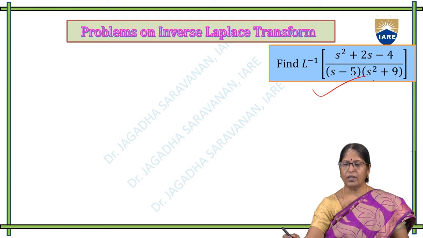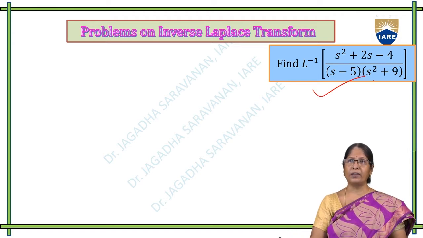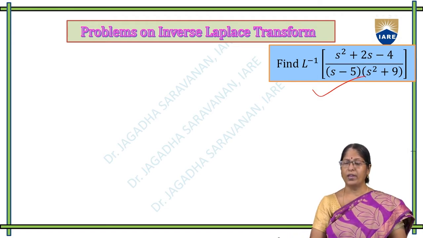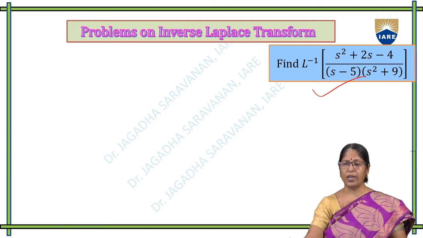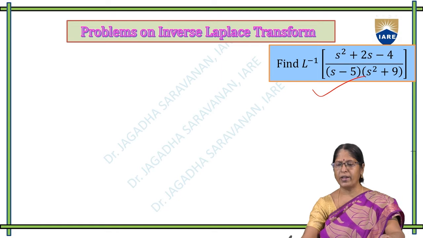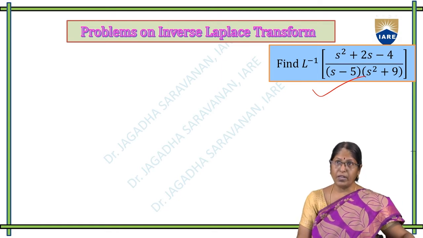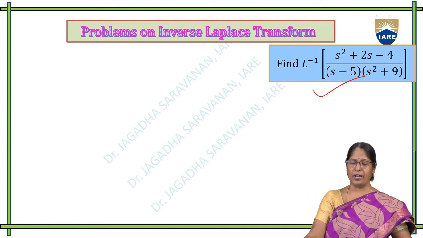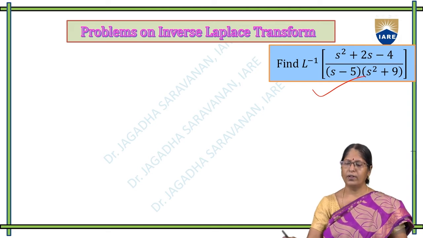So this is the given problem: find L inverse of (s square plus 2s minus 4) divided by (s minus 5) into (s square plus 9). This is how to solve.